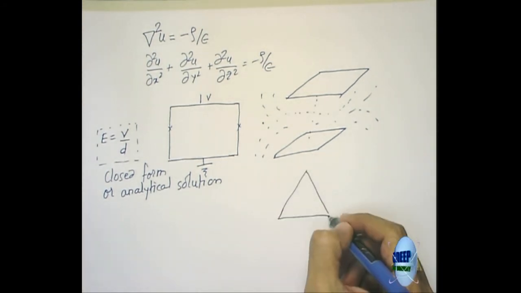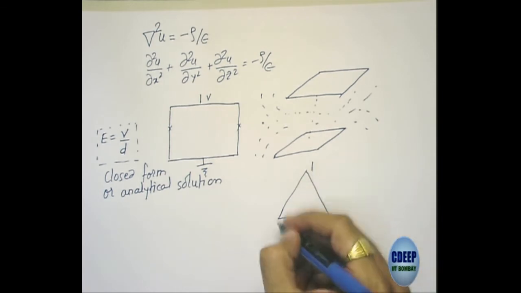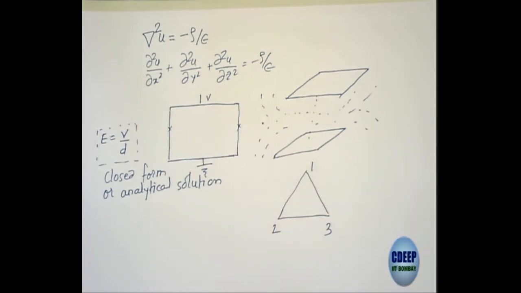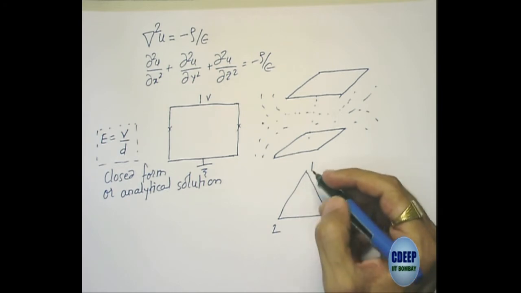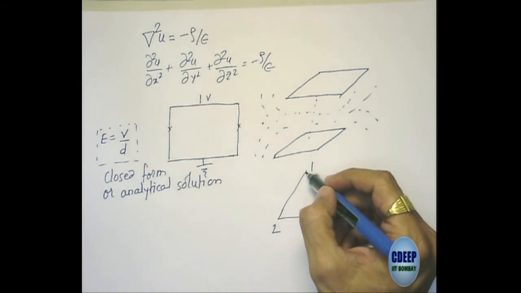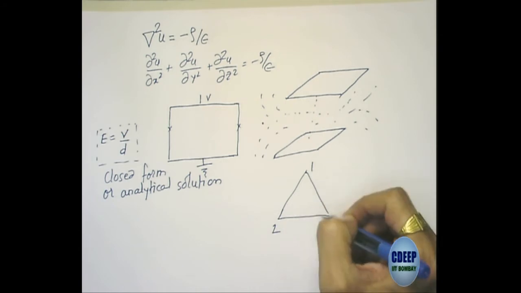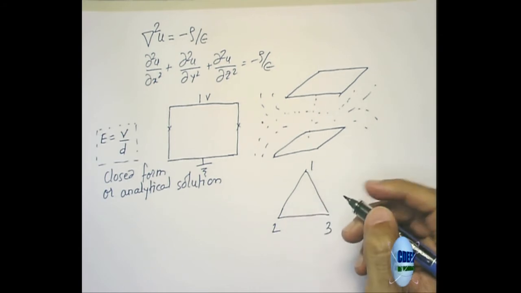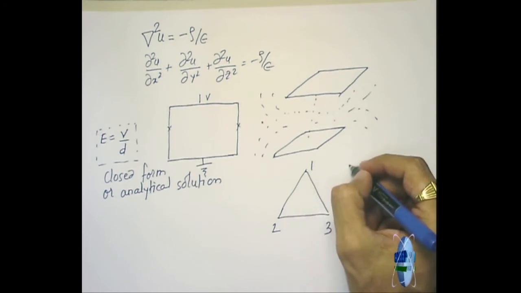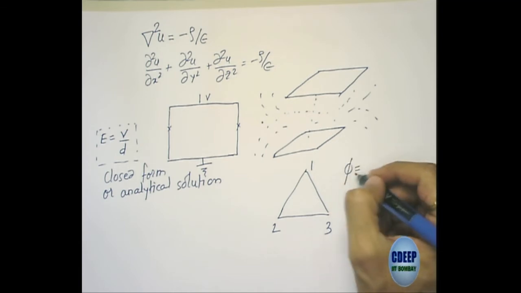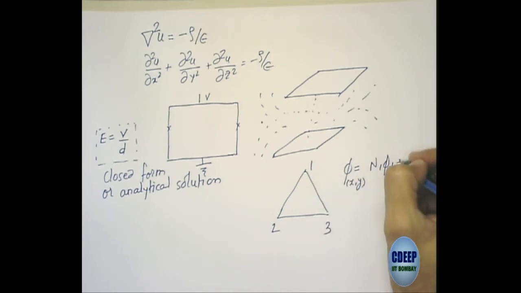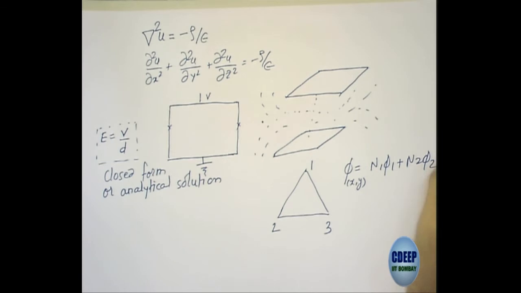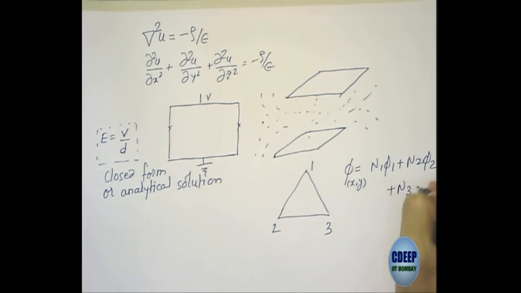let us take this one triangle with node numbers 1, 2 and 3. What it says is this shape function for 1 is 1 at node number 1 and it is 0 at node numbers 2 and 3. It has to be like that only, because phi in general at any point xy inside this triangle is nothing but n1 phi 1 plus n2 phi 2 plus n3 phi 3.